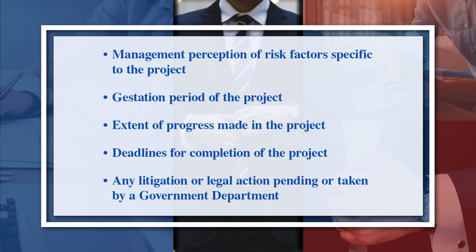Number 4, deadlines for the completion of the project. Number 5, any litigation or legal action pending or taken by a government department or a statutory body during the last 5 years immediately preceding the year of the issue of the prospectus against the promoter of the company.